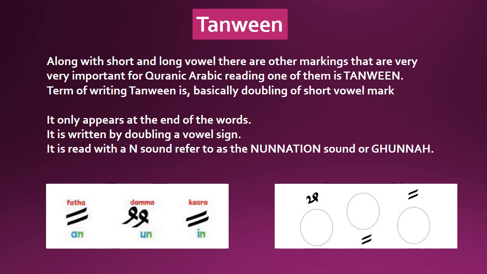It only appears at the end of words. It is written by the doubling of a single vowel sign. It is read with the N sound, referred to as the nunation sound or ghunna.